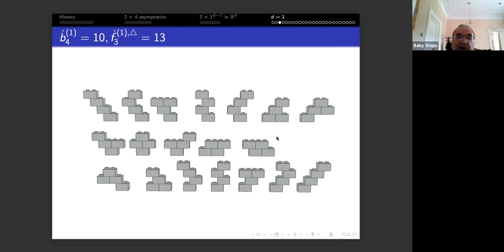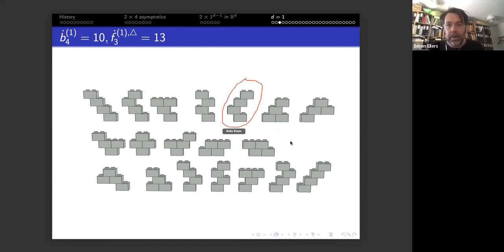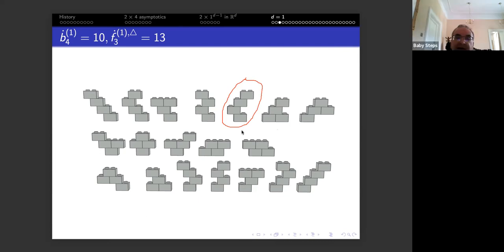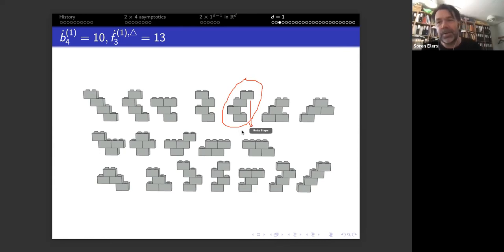Wait, Søren, and this one is also not a pyramid. No, that is a pyramid because everything rests on the base brick. But this one is hanging in the air. Yes, but it's sort of okay. Yes, I see what you mean. This would actually fall down, right?